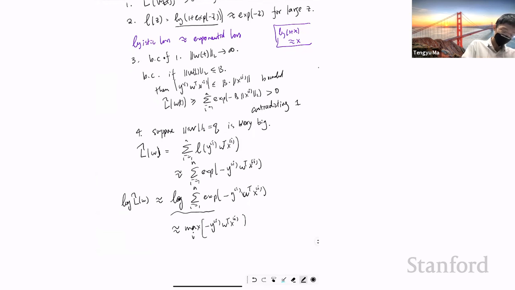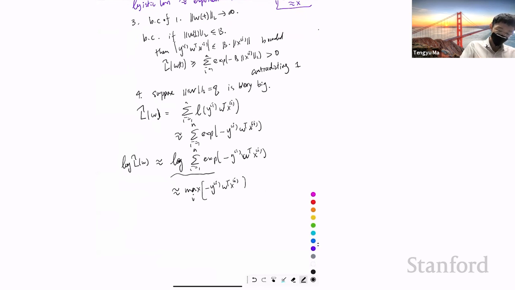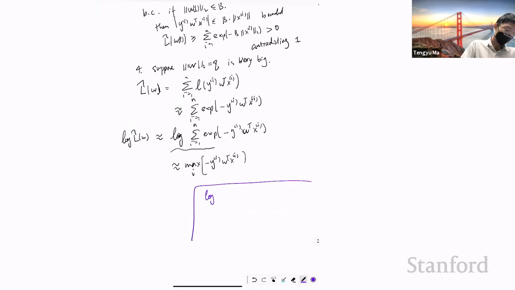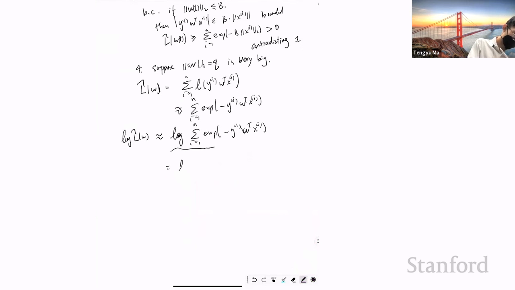Why this is the case, let's do, again, an abstract derivation. I guess I'm running late. Sorry, I think I should have another step first. So this is log sum exponential, but I also want to use the fact that W has large norm, so let's get the norm of W, call it Q, in front.